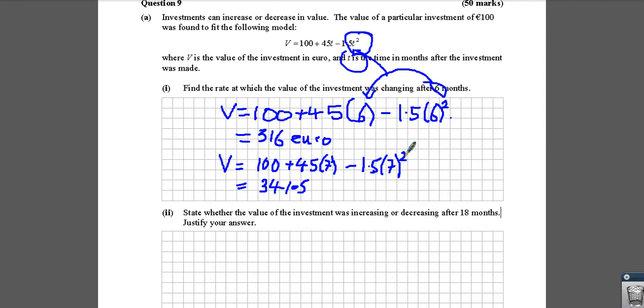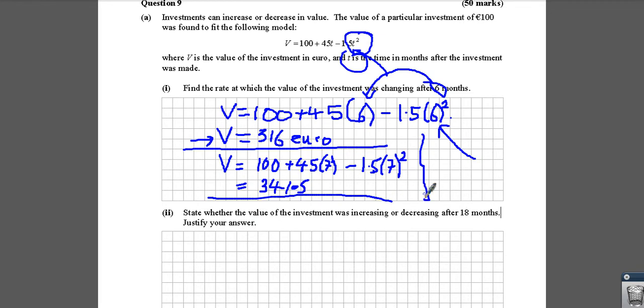Remember, a formula tells us that if we take the time, 6 months, and put it into our formula, that will give us our result. And our result is how much the investment is worth in euro. So after 6 months, the investment is worth 316. After 7 months, it's worth 341 euro and 50 cent. So the investment is still definitely going up.